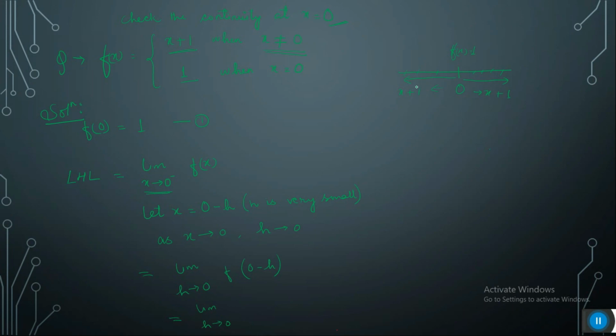So x is 0 minus h, plus 1. Here no problem, because it is not in the form of 0 by 0, you put your limit directly, so you get 1. Your left hand limit is 1, and f of 0 is 1. So the left hand limit equals 1. This is the second point.